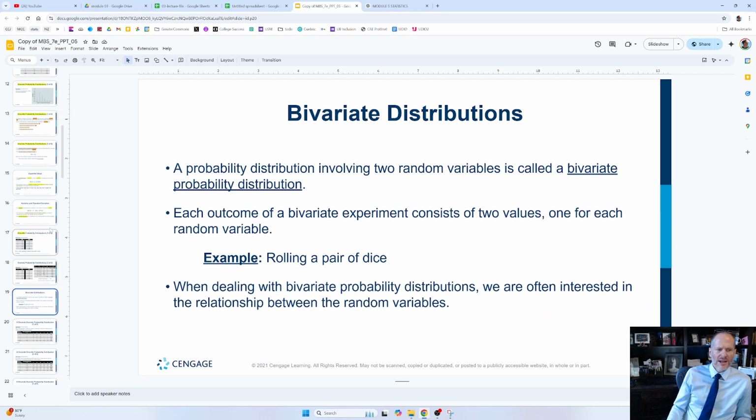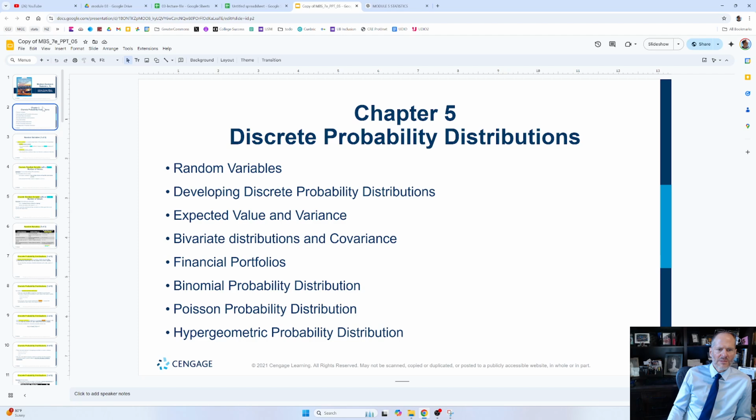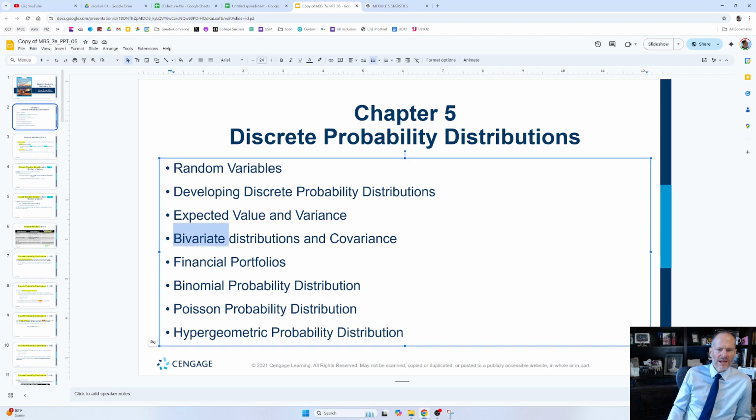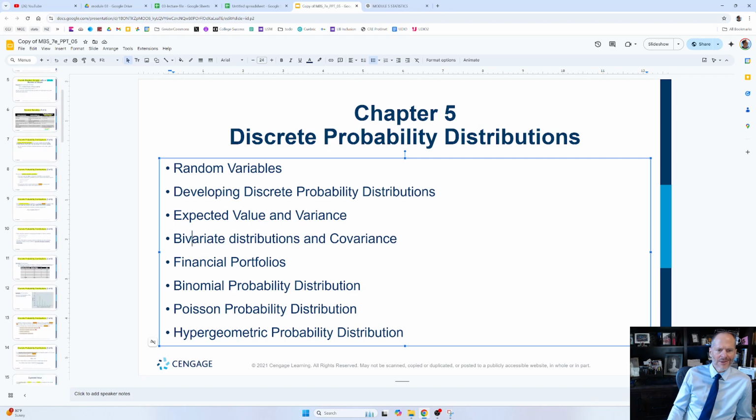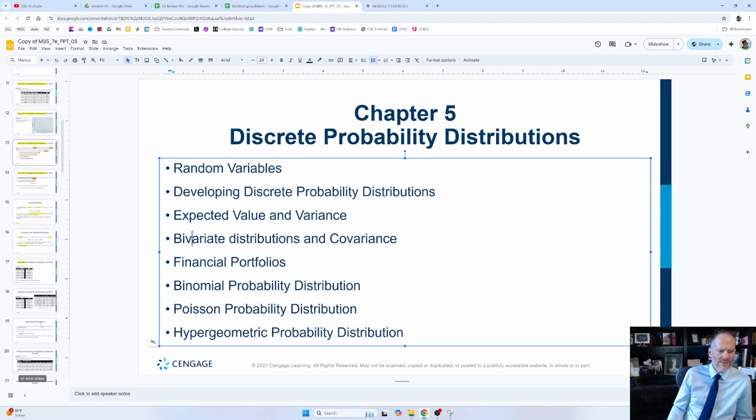But bivariate, where does bivariate come in? Right at the very beginning, we have bivariate here. And so we'll take a look. What they're listing here doesn't even jibe with what is presented logically through the presentation. Whatever, we're going to do bivariate distribution next.